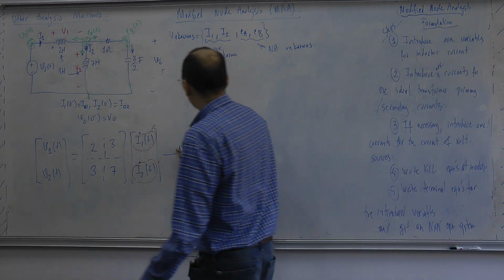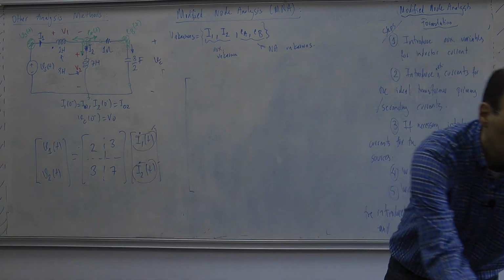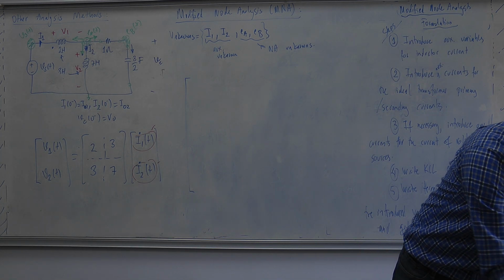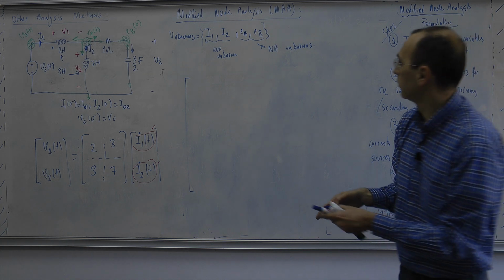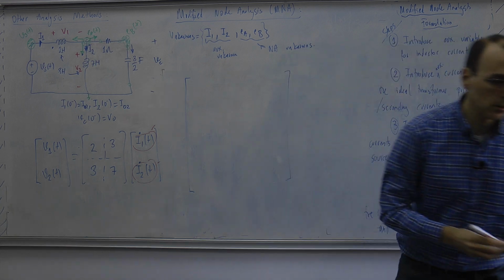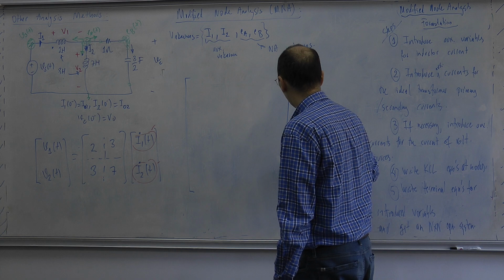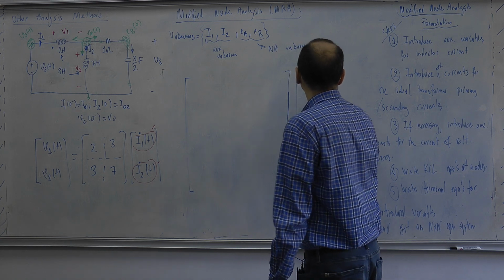Now, how can I write this? So let me write a big matrix then. Okay. What are my unknowns?